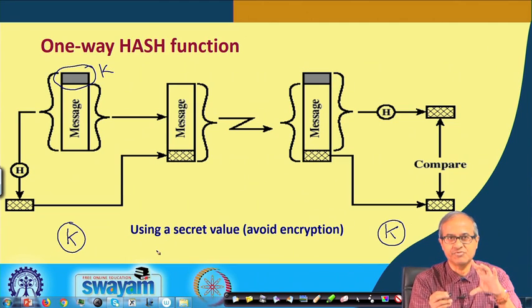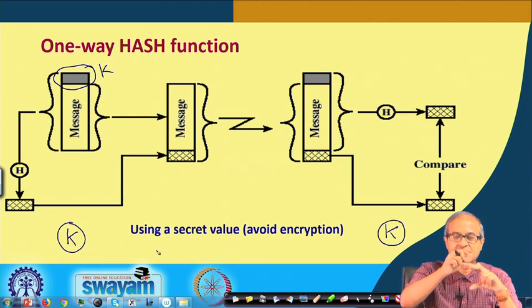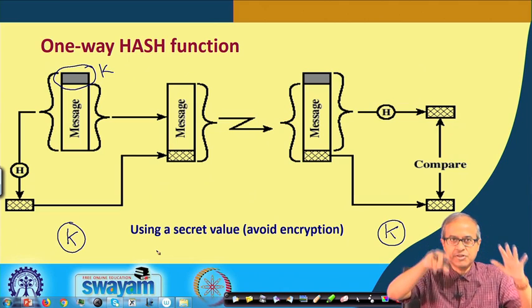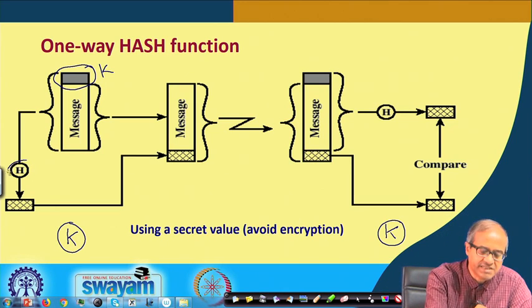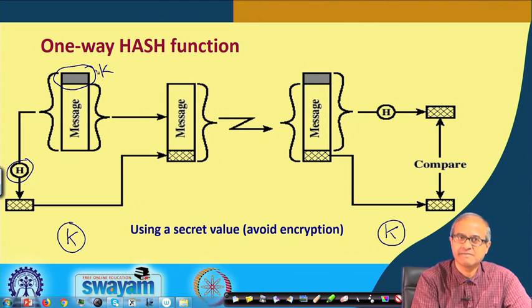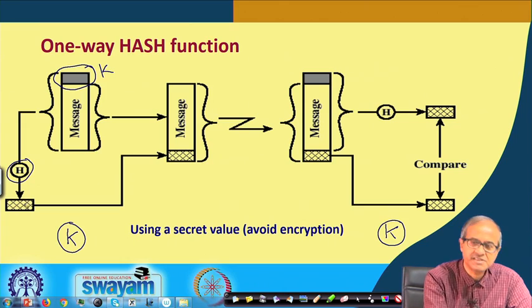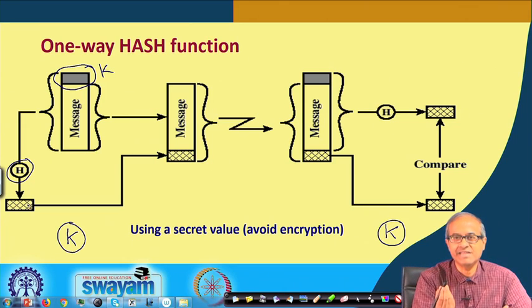The message is there with us, I append that secret value to the message, and for the whole thing, message plus k, I apply the hash function. So the hash value I get also carries a flavor of k with it. Unless I have the correct value of k, I cannot generate that hash value.